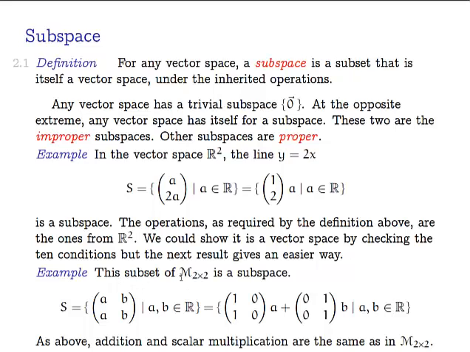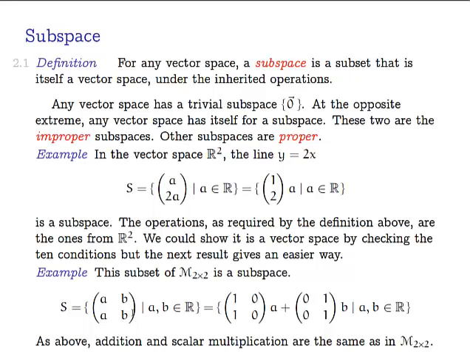Okay, a subspace of M2x2. M2x2 is the vector space of 2 by 2 matrices. And here's a subset of the set of 2 by 2 matrices. It's the subset that has the first column as (a, a) and the second column as (b, b). Another way of describing this is that both rows are equal.